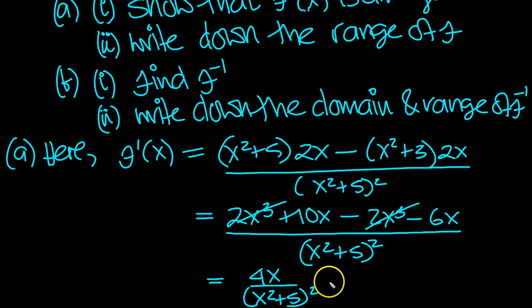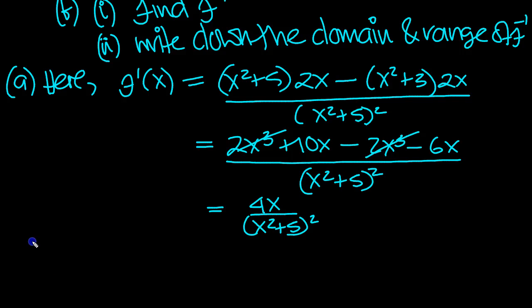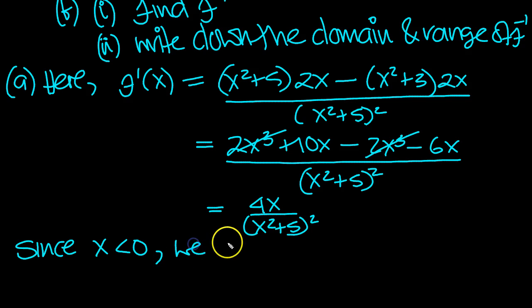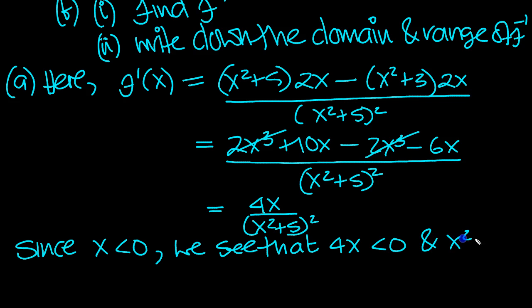And here we can see that, since x is negative on the domain, 4x is less than 0 and x squared plus 5 squared is positive.